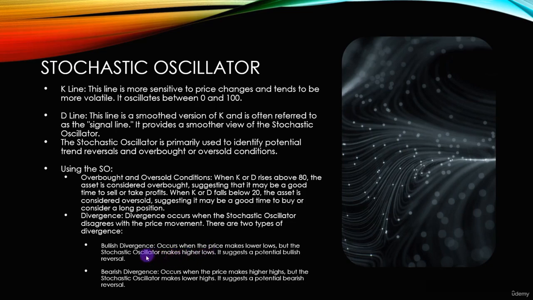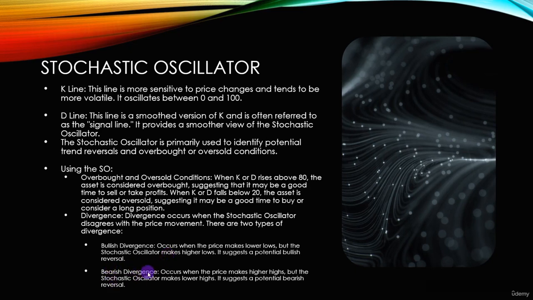So the lows of the stochastic oscillator are going up. This suggests a potential bullish reversal because the movement of the price going down is slowing down. It's not as fast or as important anymore. And this is reflected in the stochastic oscillator behavior.